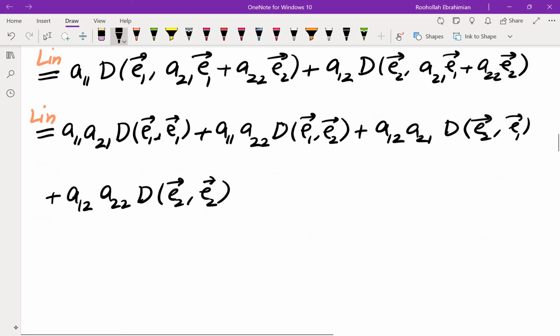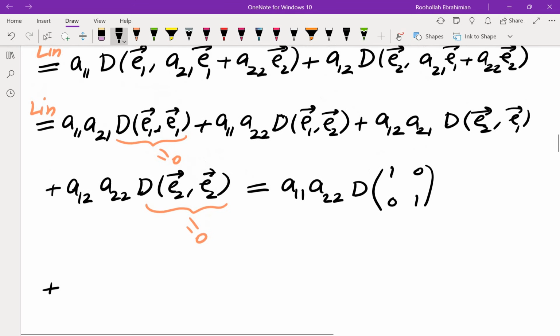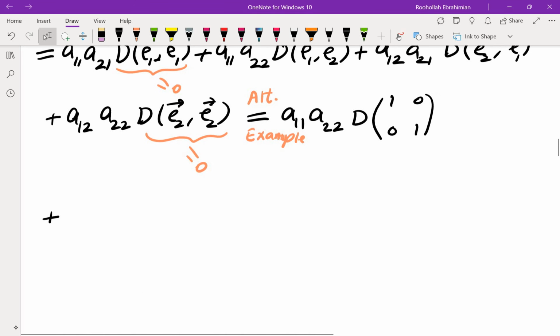Now, if you look at d of E1 E1, because it's alternating, that would be 0. And this would also be 0 because it is alternating. So let's just drop those. We get a11 a22 d of E1, E2. What is E1, E2? E1 is (1, 0) and E2 is (0, 1). Plus, d of E1, E2 and d of E2, E1 are negatives of each other. That's the previous example, so here I'm using alternating and the example above.